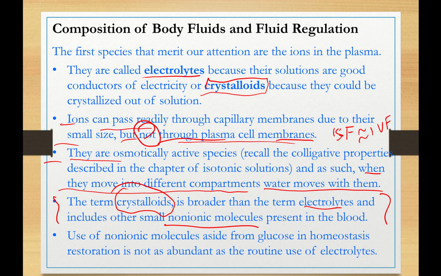Now, the only non-ionic molecule that is used to adjust tonicity of solutions, to my knowledge, is dextrose. Everything else is ionic, right? That's the only one that is commonly used. No other non-ionic molecule is commonly used to adjust the tonicity of solutions to isotonic aside from dextrose.